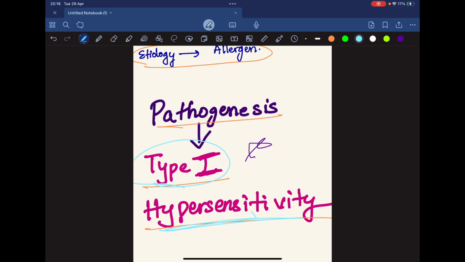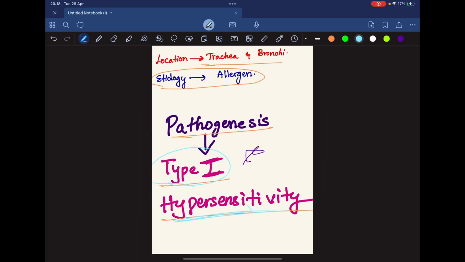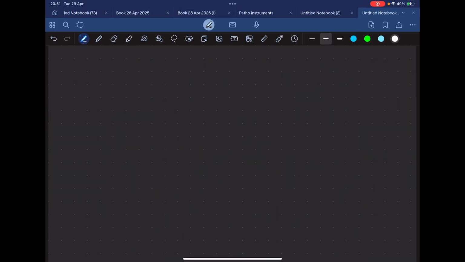We are going to discuss this in detail. So coming to the pathogenesis of asthma, which is very much important from the examination point of view, we also note that asthma follows type 1 hypersensitivity reaction.